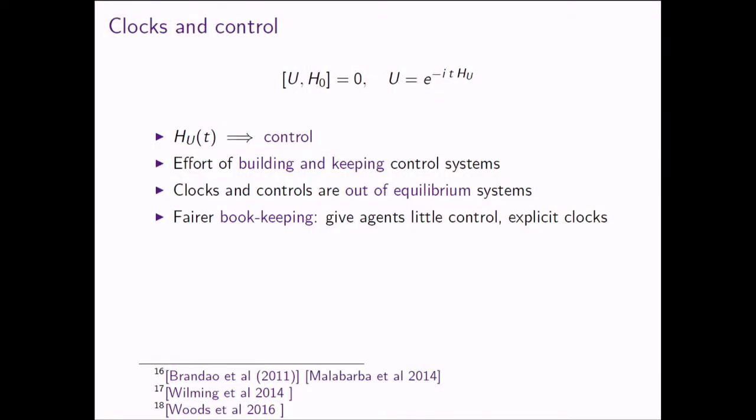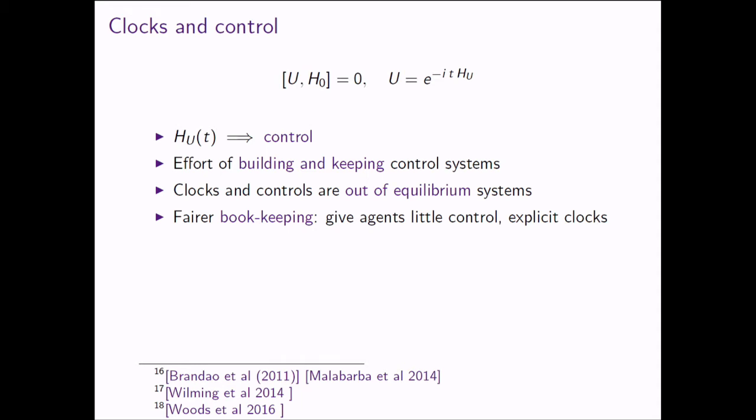Or your Hamiltonian could even be something that is time dependent, okay? In order to do this, you need to have an explicit clock system that keeps track of everything. So for example, in ion traps, they sometimes use extra ions that act as clocks themselves.